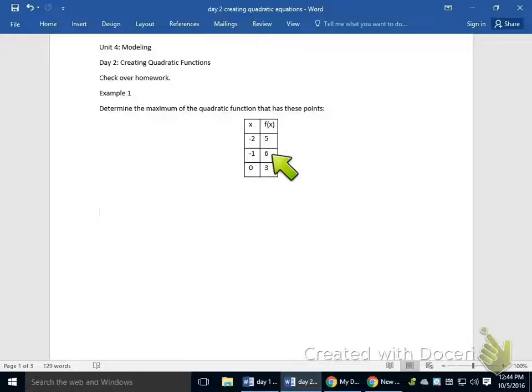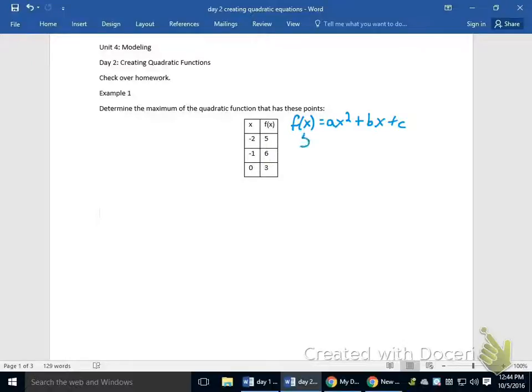What these 3 points do is they allow us to create 3 different equations. Remember that y equals ax squared plus bx plus c. What happens here is we can plug in x and f of x. Let me use the point negative 2, 5.